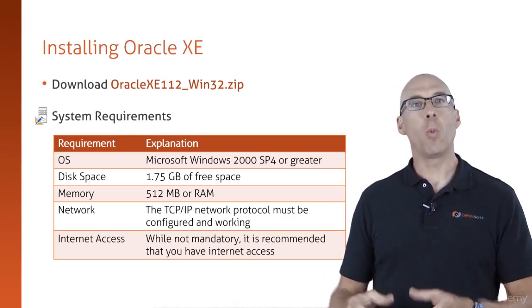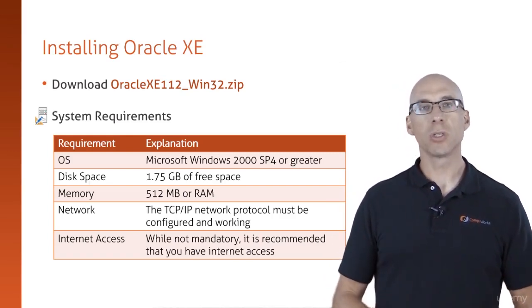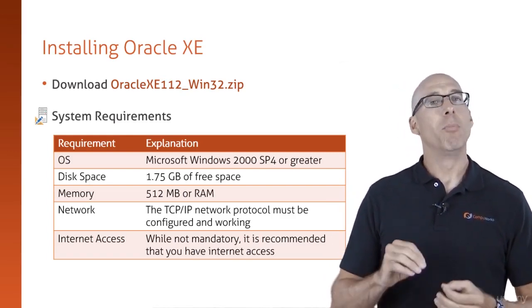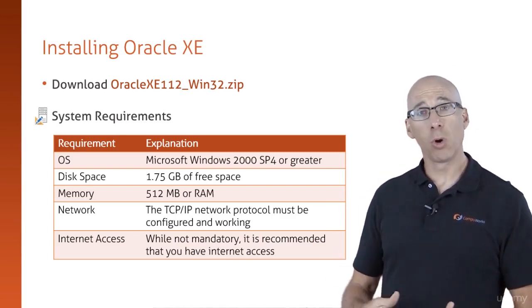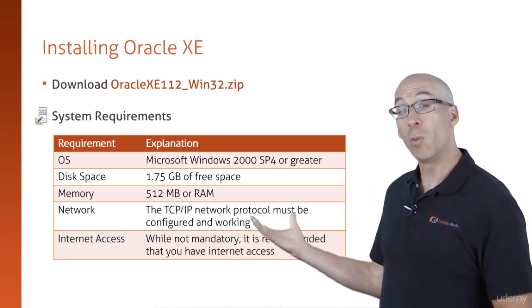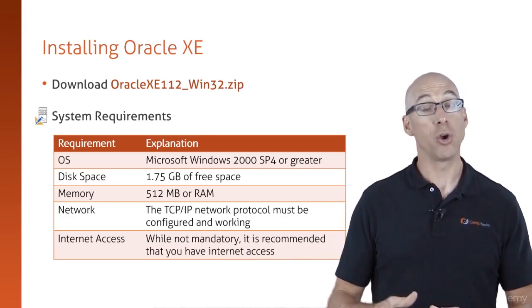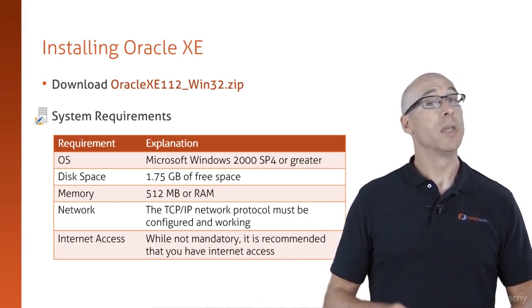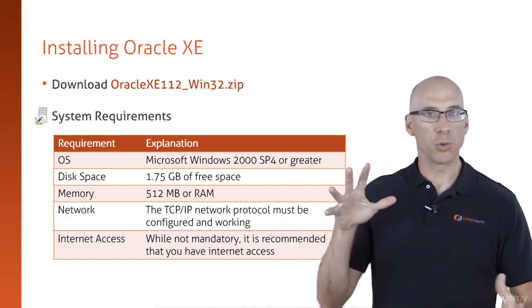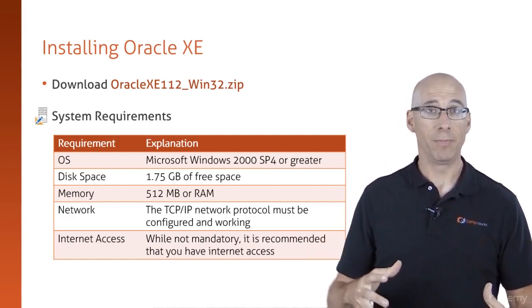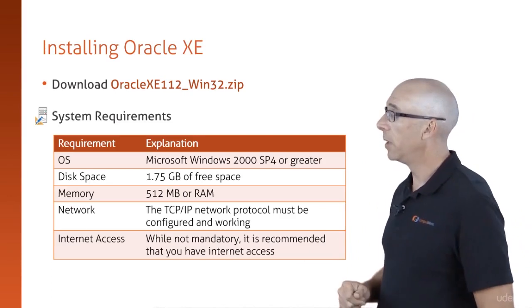The exercises that we are going to be using in this course are very small. But in a real world environment where you're going to start working with real data, you're going to need a lot more than 1.75 gigabytes of free space on your hard drive so that the database can grow and shrink and just basically live. So keep that in mind.